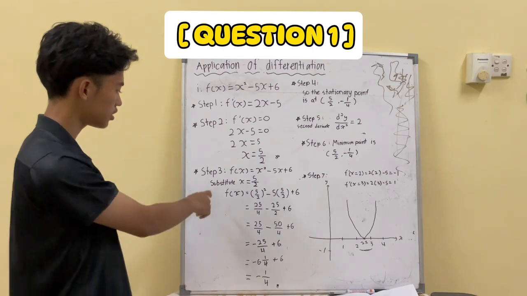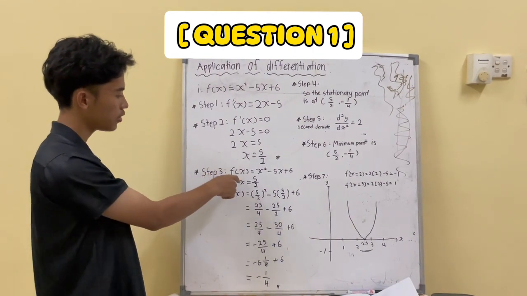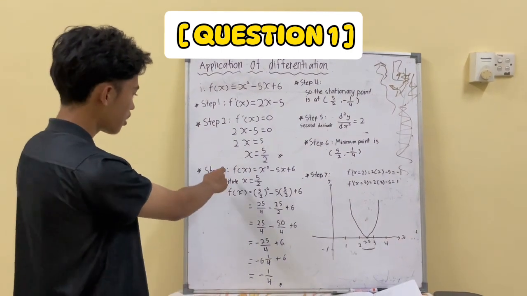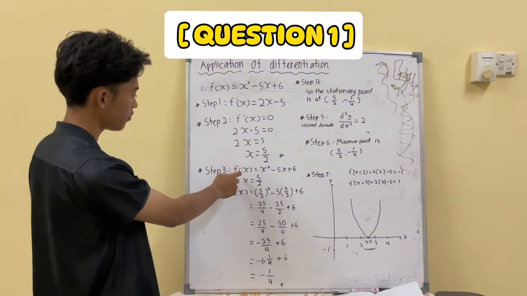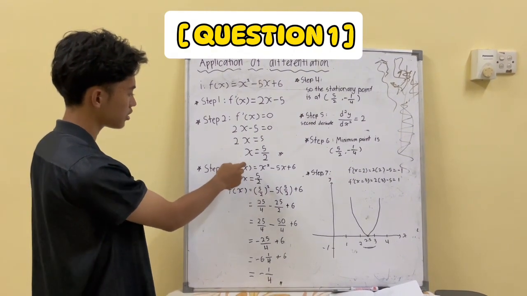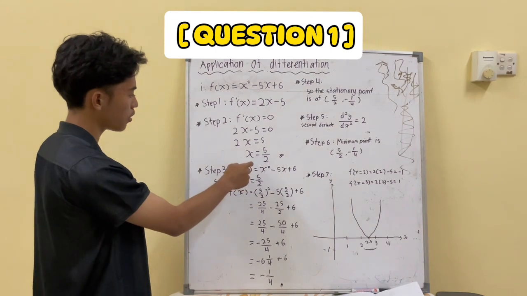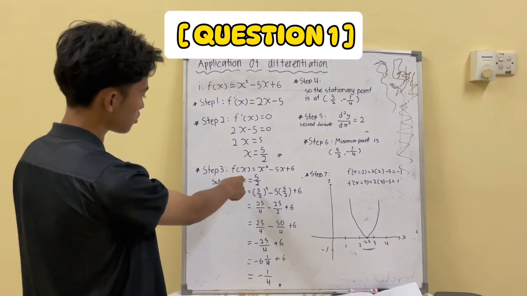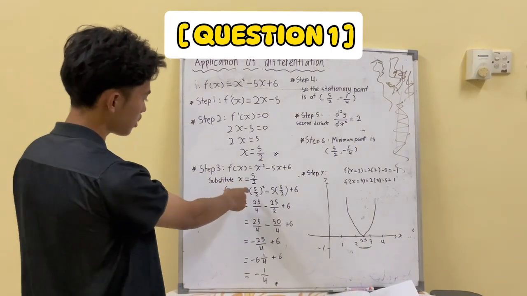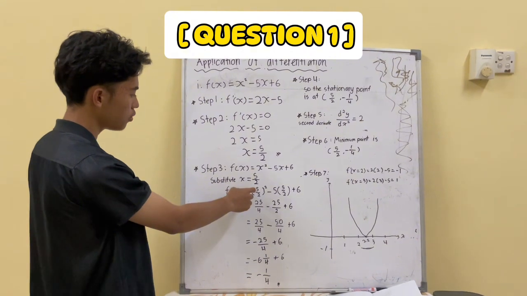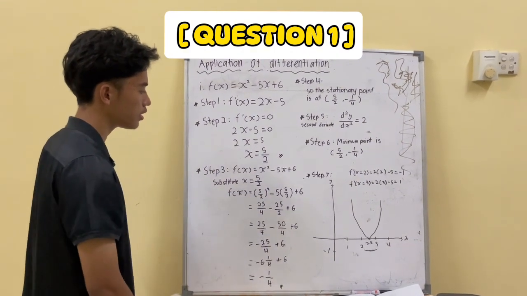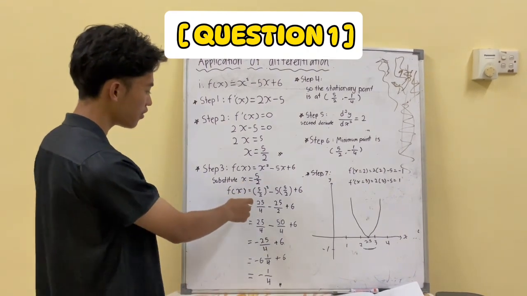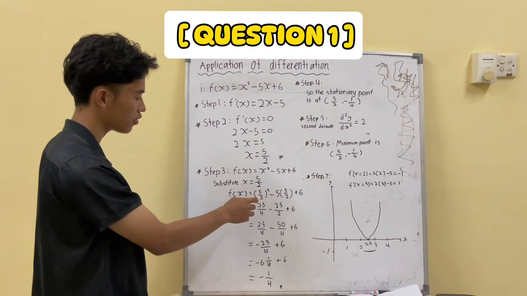Step 3, we must substitute x equals 5 over 2. So f(x) equals x² minus 5x plus 6. We substitute x equals 5 over 2. We get (5/2)² minus 5(5/2) plus 6. So we get 25 over 4 minus 25 over 2 plus 6.